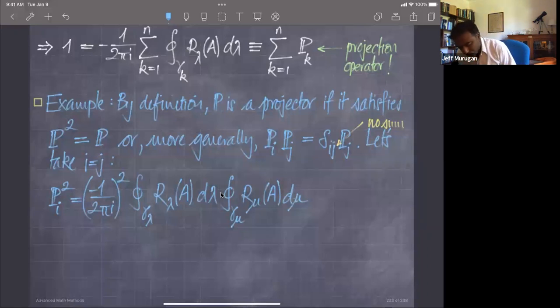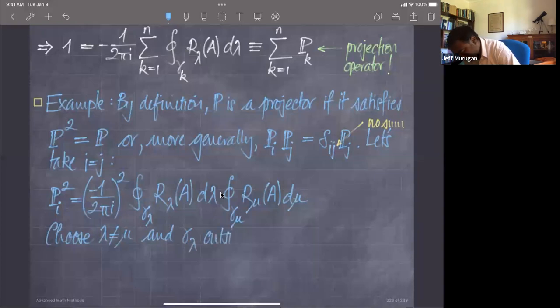So we're going to choose lambda and mu to be different, and gamma lambda outside gamma mu. It could be enclosing gamma mu in its entirety, etc. But the point is that it's outside.